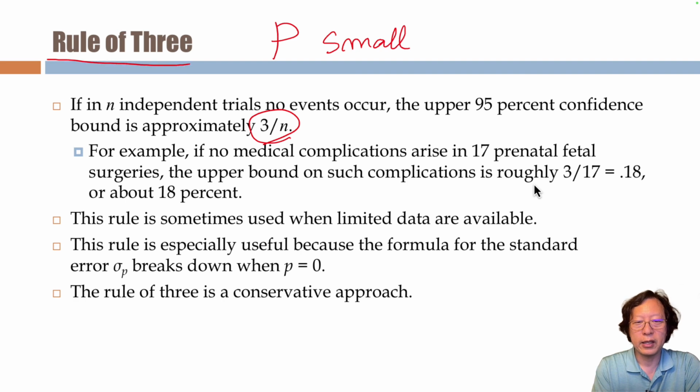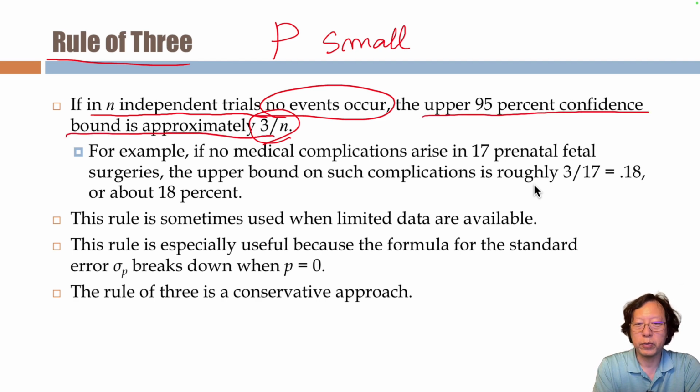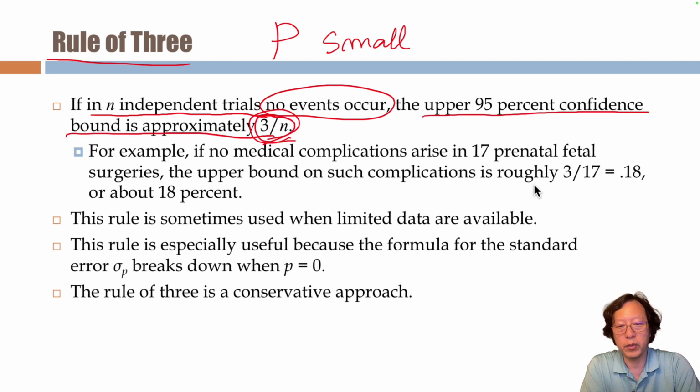If in an independent trial no event occurs, which is possible when p is small, then the upper 95% confidence bound is approximately 3 divided by n.